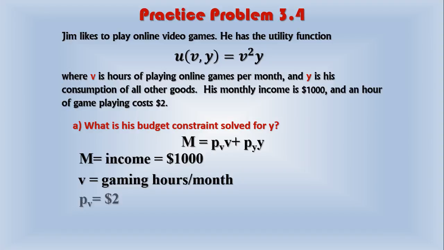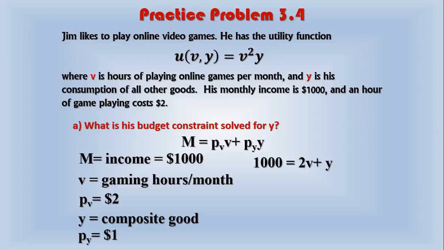The price of V is $2. Y is the composite good. We know that because it says Y is his consumption of all other goods. We know the price of the composite good is equal to $1. So plugging all that in and then getting it into slope-intercept form, we get our budget constraint solved for Y there.